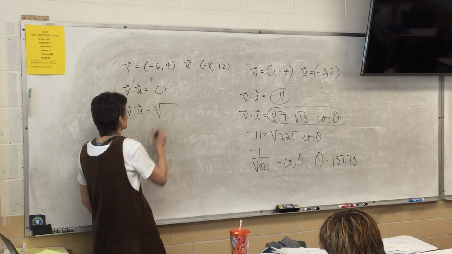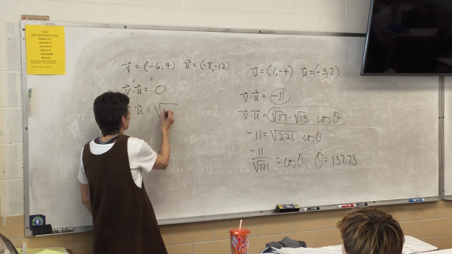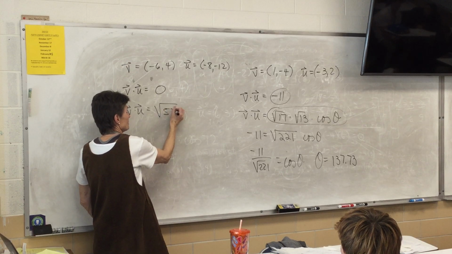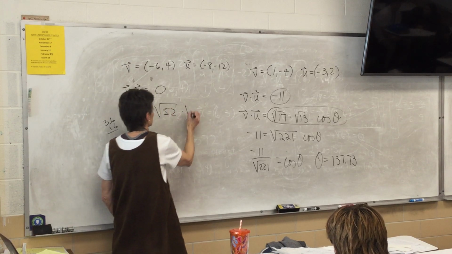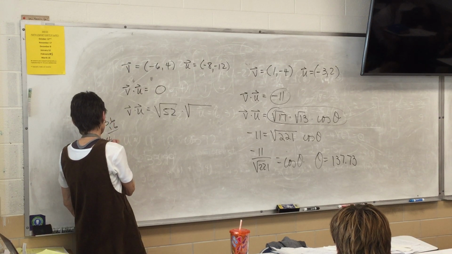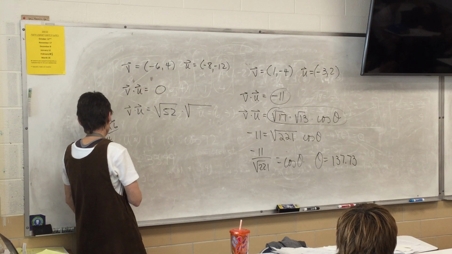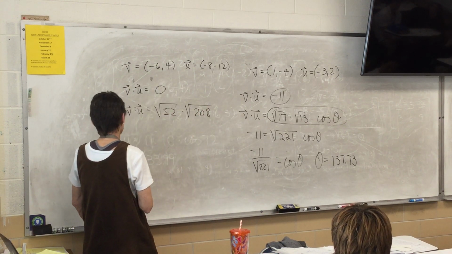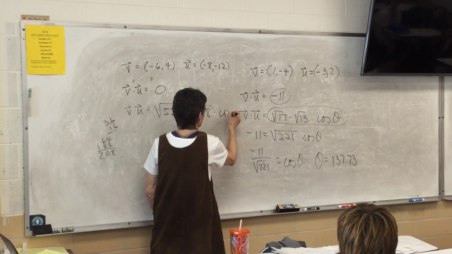Square root of 42 for the first one. Okay. 36 and 16, I think that's 52. Oh my god. And then for the second one, oh, I didn't do that one yet. But I can do it. I got 208. Is that all right with anybody? Did I make a mistake? Yep, yeah. And cosine theta.